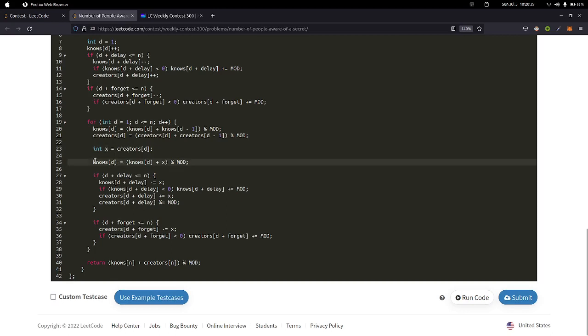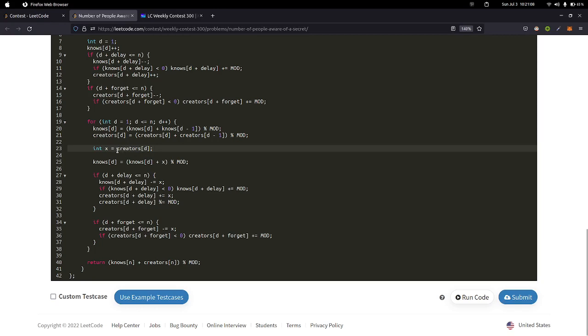And then once I have this count, all these creators on this particular date can increase the number of people who know. This means we have X creators on this particular date, so each creator can share the secret with one new person.